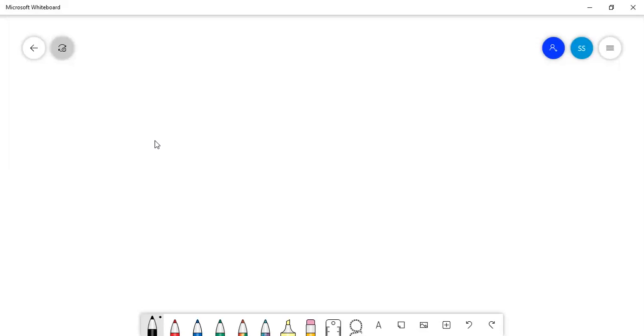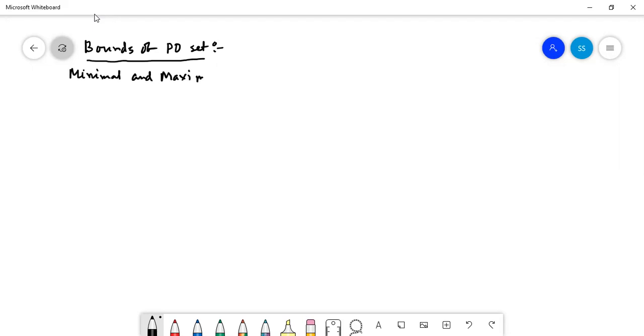Now we are going for the bounds of POSETs: minimal and maximal elements of a POSET.